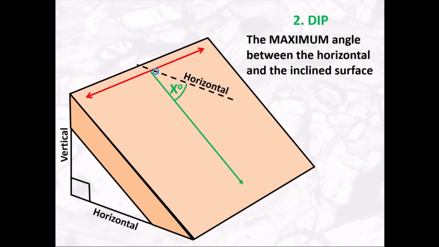The second component of our measurement is the dip, and that's the maximum angle between the horizontal and the dipping surface. There could be any number of angles between the horizontal and the dipping surface, but the true dip is the maximum. It's the steepest angle down that surface relative to the horizontal.